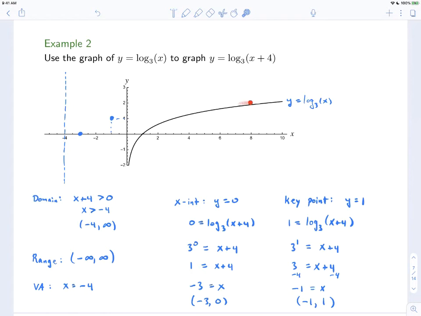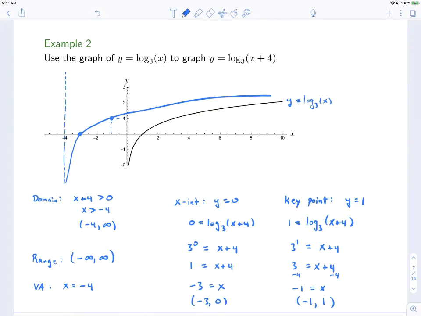You'll notice that this increases quite slowly. It's increasing, but it's not flat, though it looks almost flat. So we're just going to connect these like this, and it's going to look something like that.